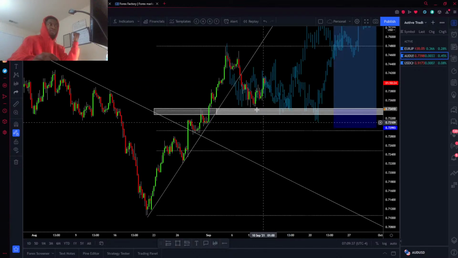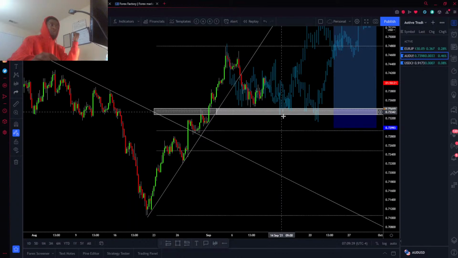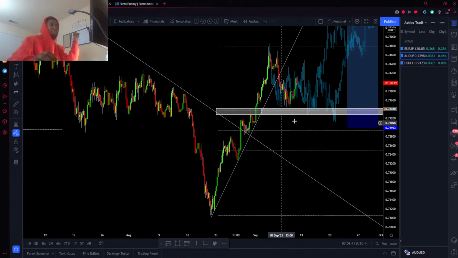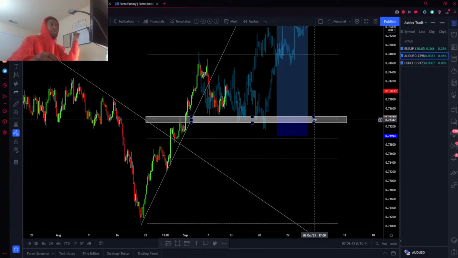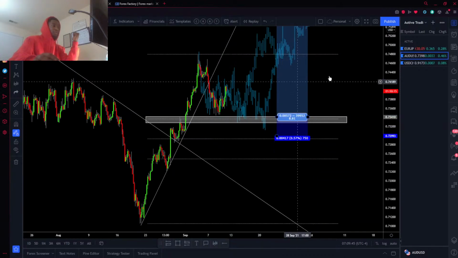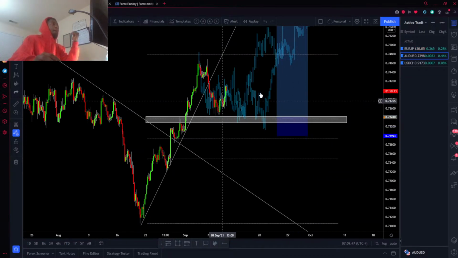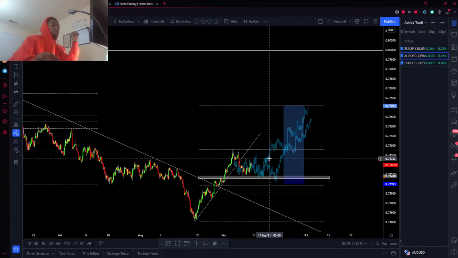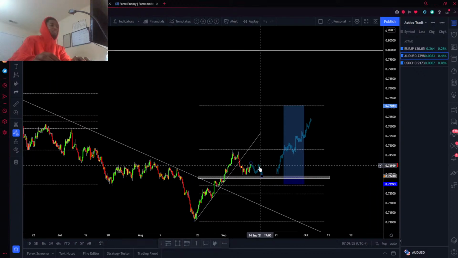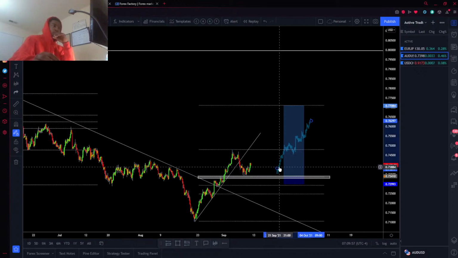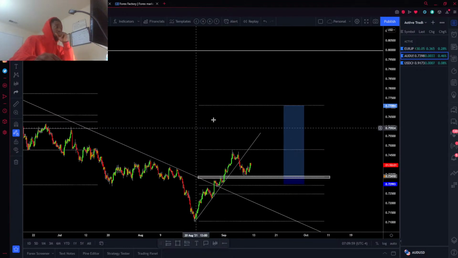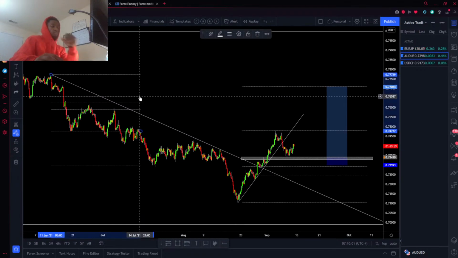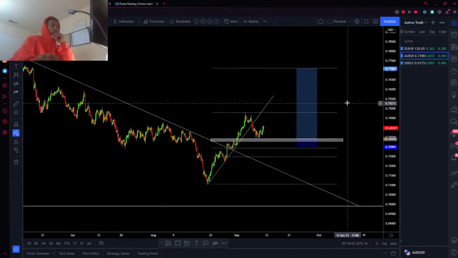ADUSD, pretty much the same thing. Need a leg to come up, then one more to come down and actually touch this level. Why does it look like there are 2 zones there? Because there are 2 zones there. Yeah, there's double of everything. Okay.